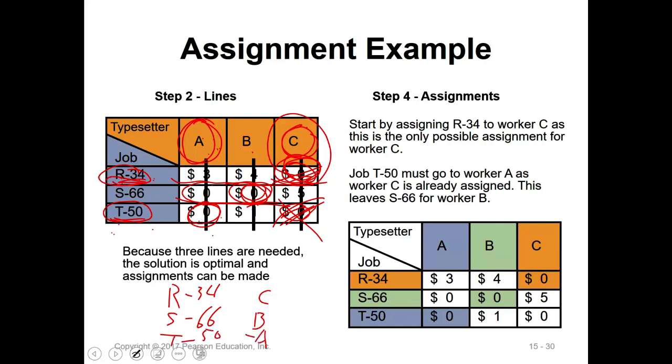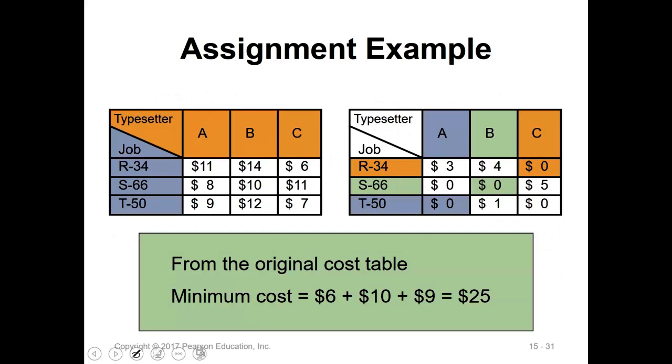So if you use this assignment, we can figure out what the total cost is. The total cost will be here, 6. And this one, it is 9. And the next one, it is 10. 6 plus 10 plus 9, totally is 25.